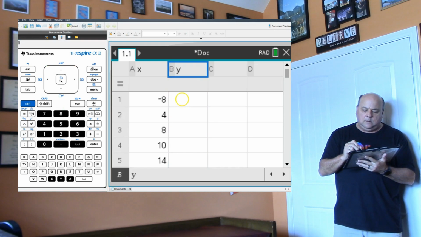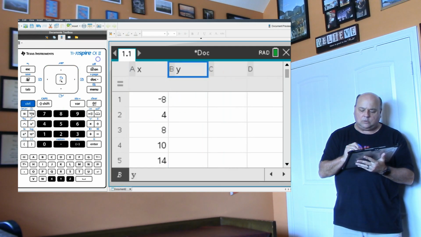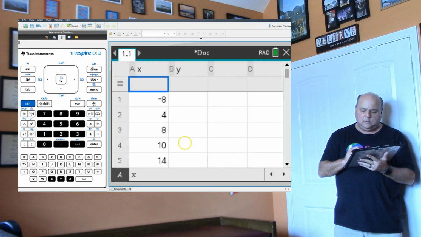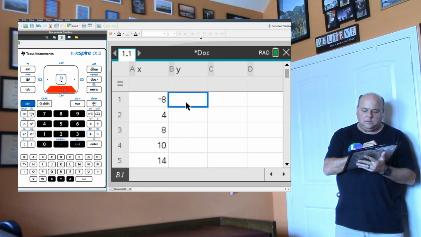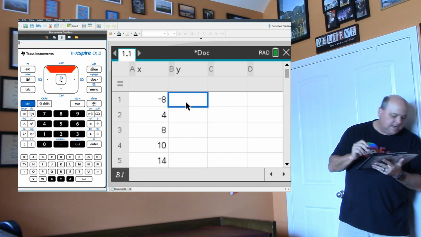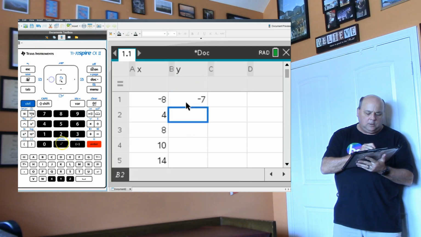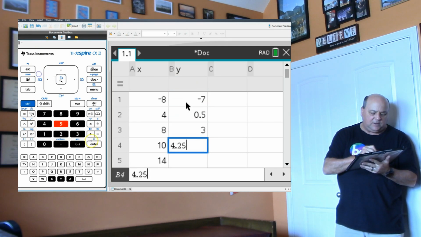Oh, it's going crazy. What's happening? Hold on here. There we go. Okay. So my negative 8 is negative 7. Enter. 0.5 enter. 3 enter. 4.25 enter.